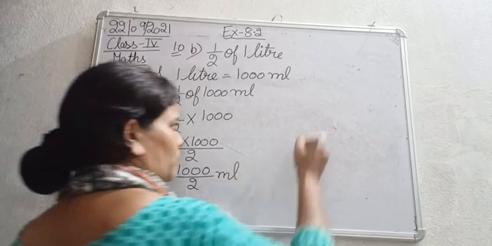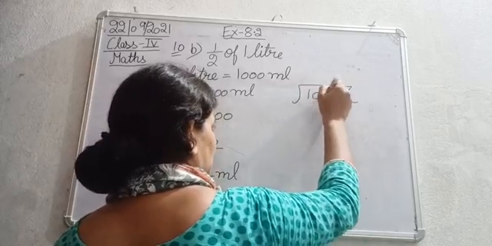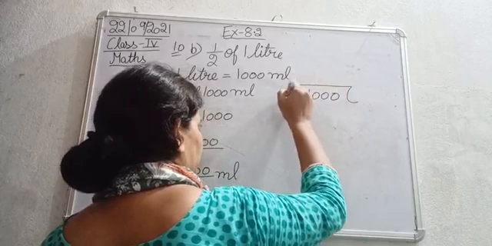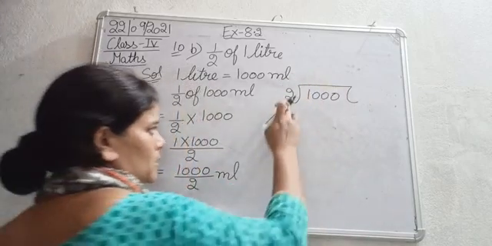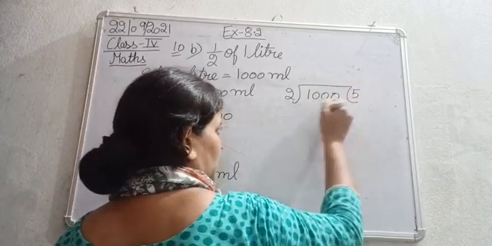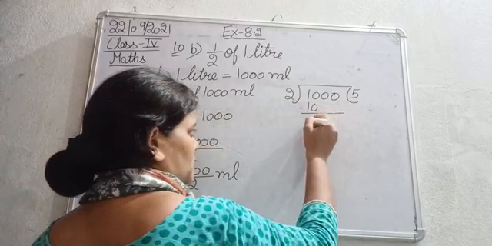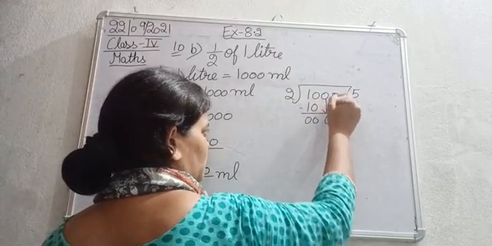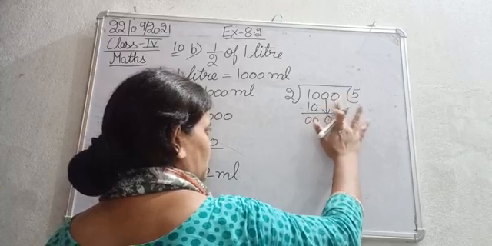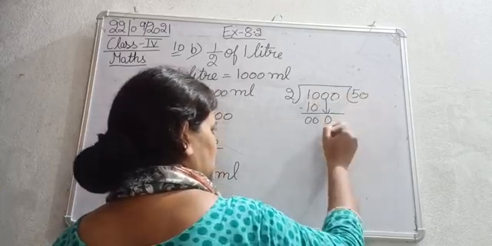Let's divide 1000 by 2. 2 fives are 10. 10 minus 10, nothing. Bring down the zeros, you can bring them one by one. 2 zeros are 0.